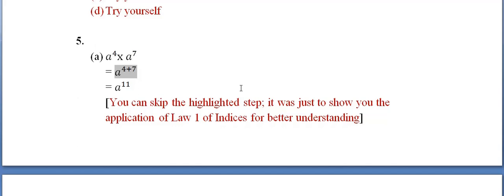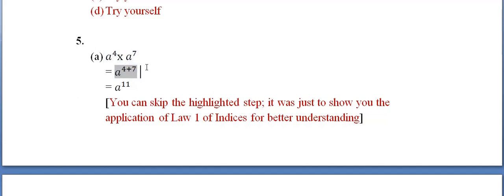Now question number 5. Simplify the following. As you can see out here, we can use the property that is the law. So this law is law number 1, because in all the questions you can see out here, the bases are same. In 5a, b, c, d, the bases are same but the powers are different, and these bases are to be multiplied with each other.